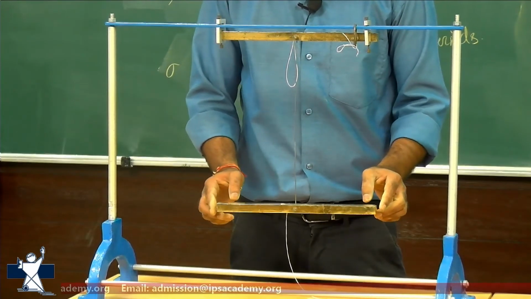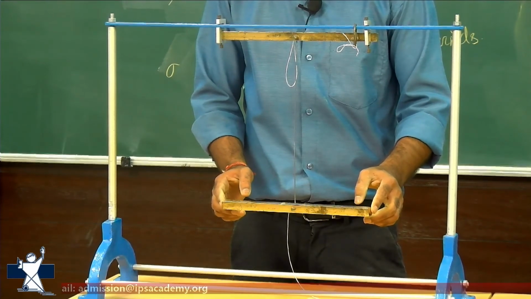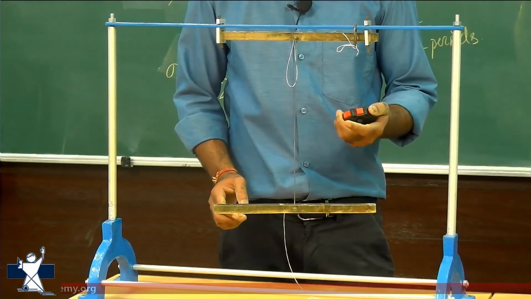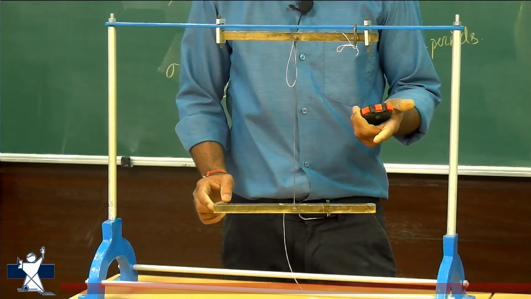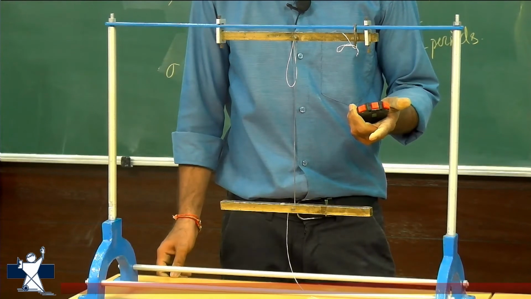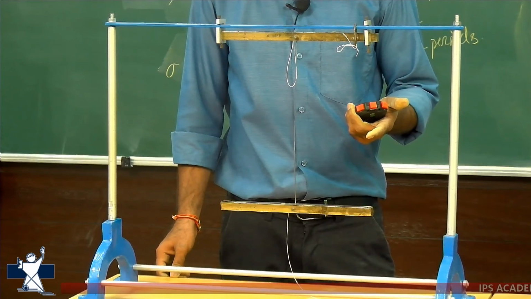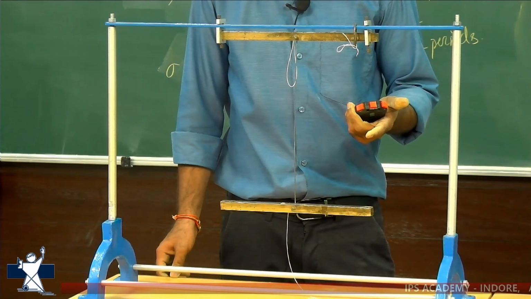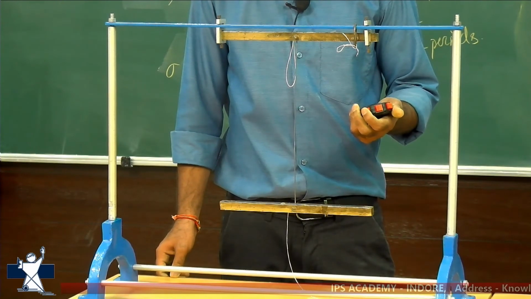What I need to do is twist the wire by rotating the rod slightly. I'm going to rotate the rod and leave it, and it oscillates by twisting the wire. To measure the time period, I'm going to count: 1, 2, 3, 4, 5, 6, 7, 8, 9, 10, 11, 12, 13, 14, 15, 16, 17, 18, 19, 20.